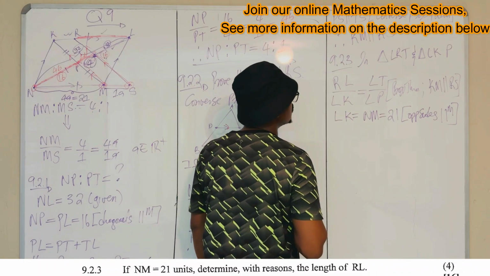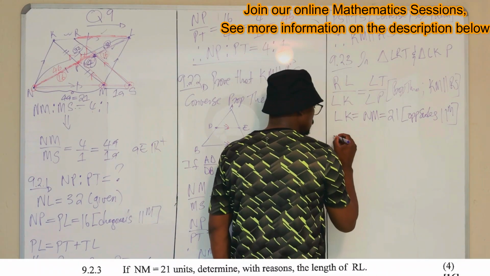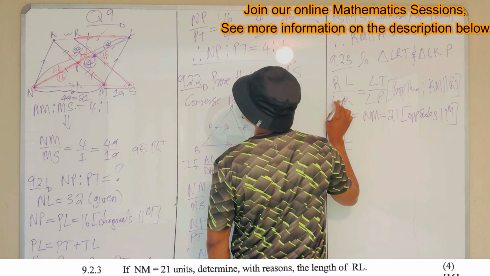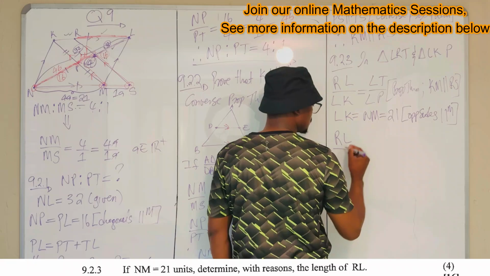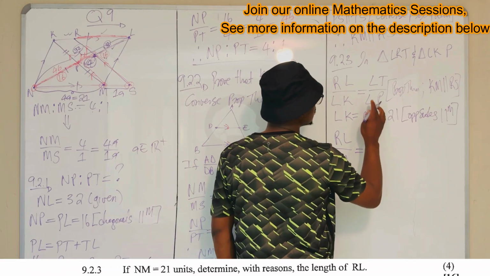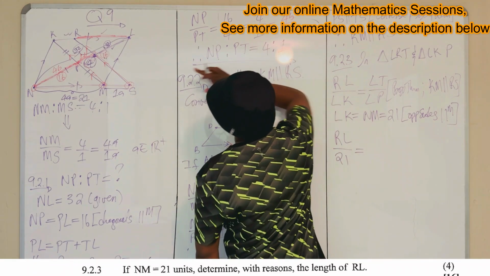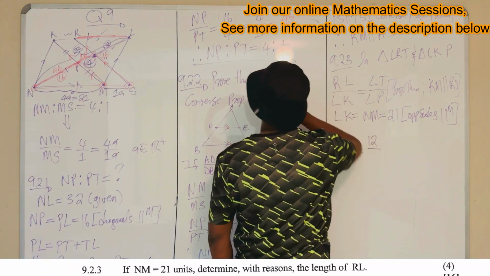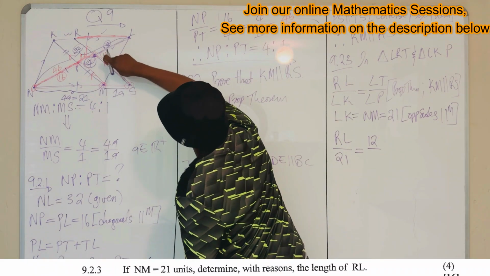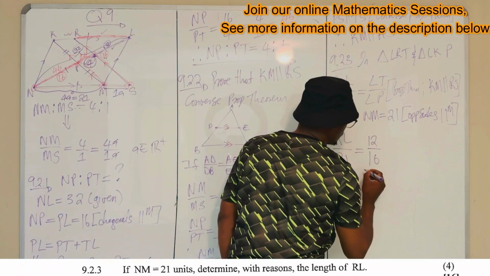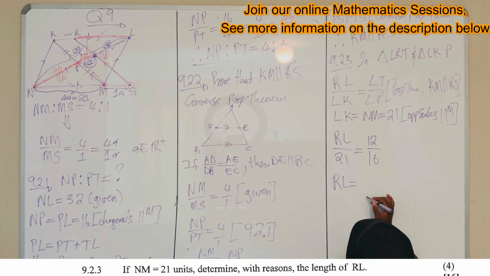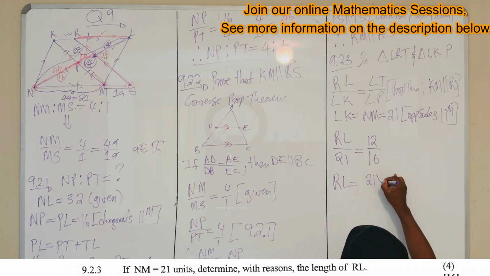No problem. So let's substitute now. Our RL is what we're looking for. RL over LK, our LK is the entire side, which is 21 units, is equal to LT. LT is this length over here, which is 12, over the entire side LP, which is 16. Therefore, your RL is equal to 21 times 12 all over 16.